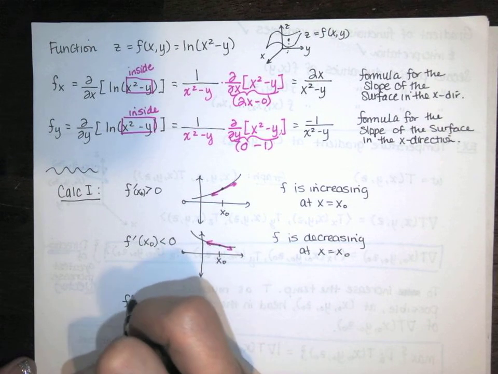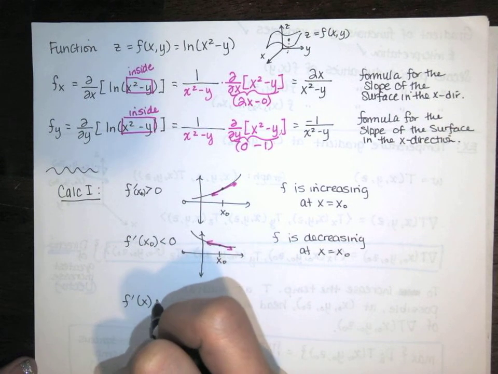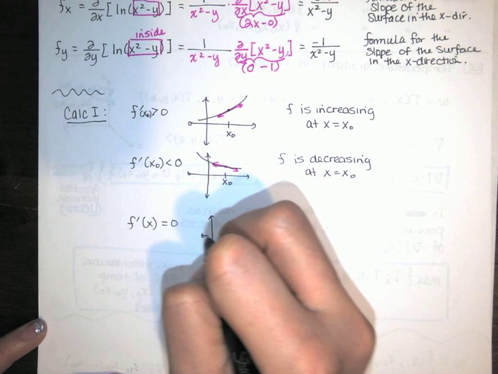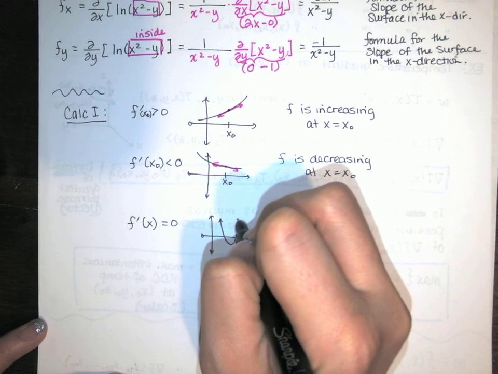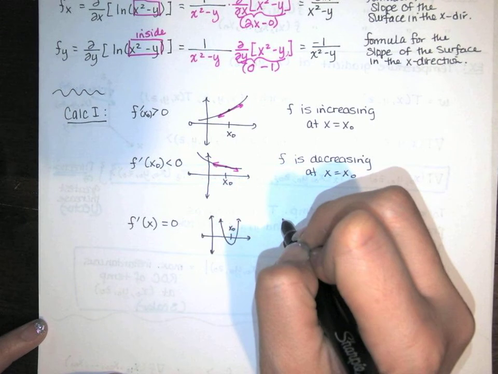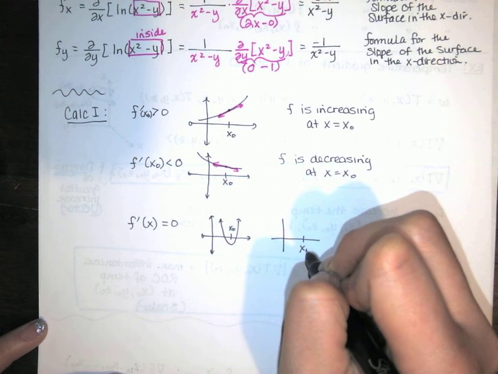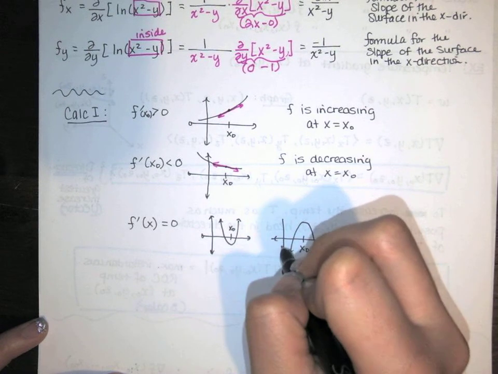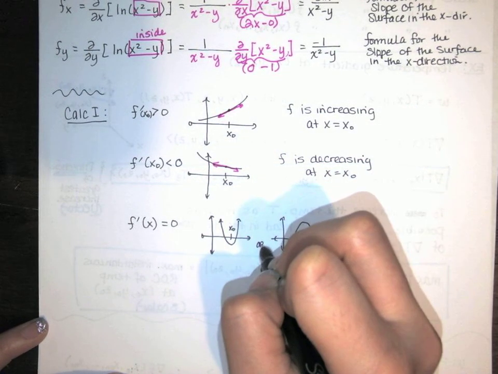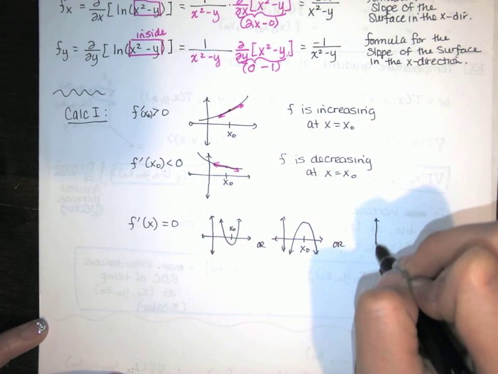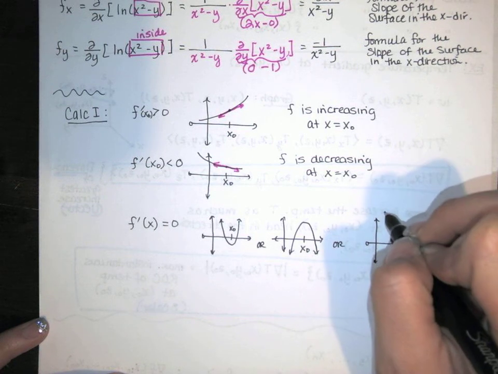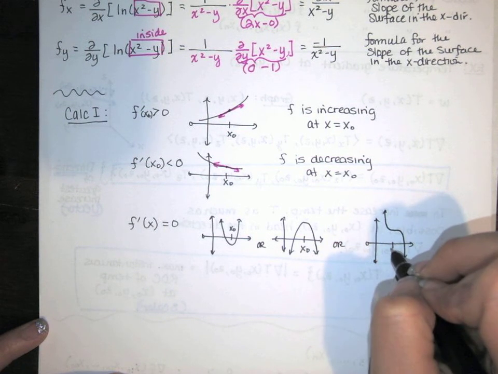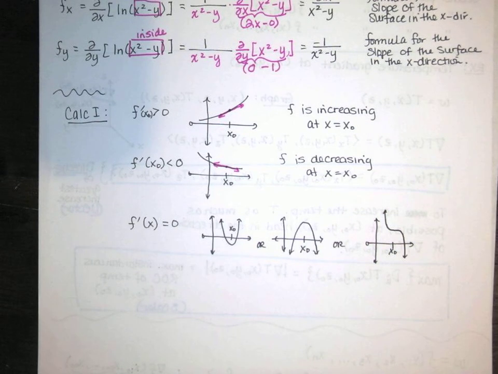First derivative is 0. We have a couple of possibilities. We might have a first derivative of 0 at a min or at a max. Or at a little flat point. Maybe it's decreasing for a while, then it's flat, and then it's decreasing again.